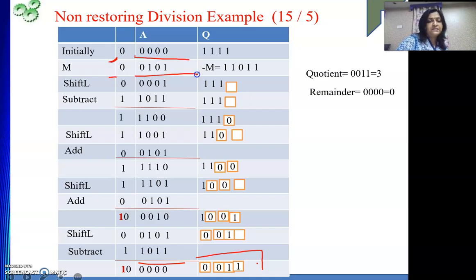So that many bits you take for M. This is how you keep your divisor ready, so that subsequent operations will be correct. Another important point, carry out of MSB addition should be discarded, right? And here no need to perform any restoring. That means if the subtraction result is negative, then the next step will be left shift and addition. This is how you need to move.